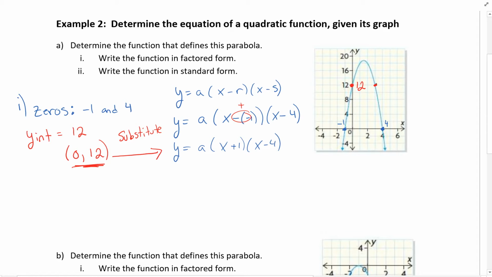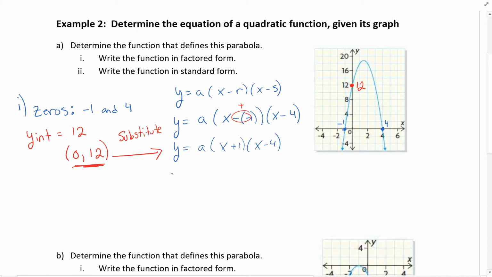Sure, that would have worked. You could take any point along the parabola and stick it into here. But why not choose the y-intercept? Because it has a 0, and everyone loves substituting in 0 for a value because that makes life easy, right? We always want to make life easy. So let's go ahead and do our substitution.